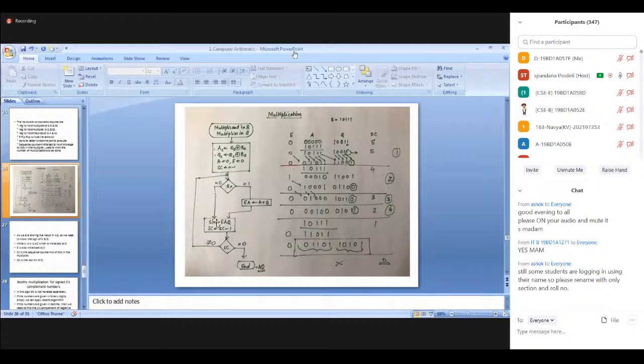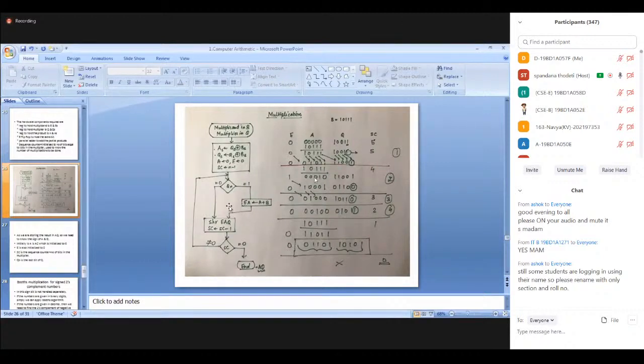Similarly, if the Qn bit is 0, what does it mean? You don't copy the multiplicand. The multiplicand value will be 0 only. Therefore, no need to perform the addition operation. No need to write zeros and no need to perform addition with zeros, because there is no change in the addition.